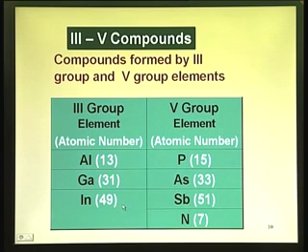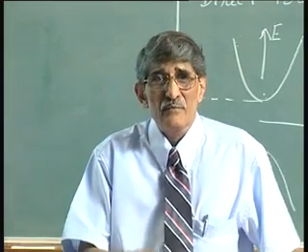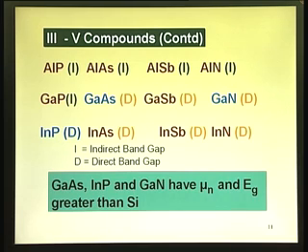Indium, 49 is the atomic number. You can immediately say that the compounds which are formed with the other fifth group elements are direct band gap. So, most of the indium compounds are direct band gap. Gallium compounds except gallium phosphide are direct band gap. Aluminum compounds, all of them are indirect band gap. So, this is the list which I just now mentioned.